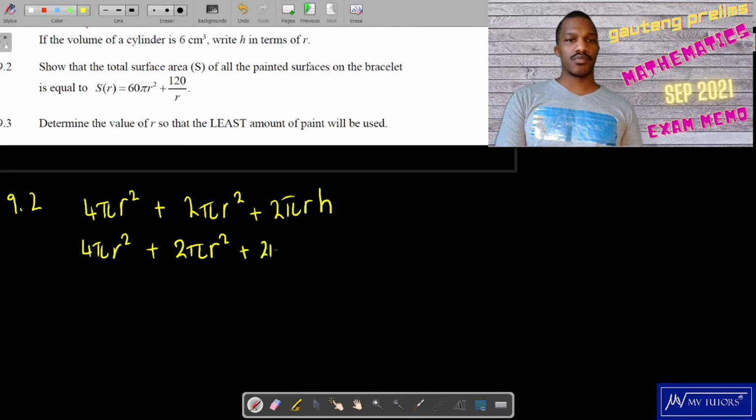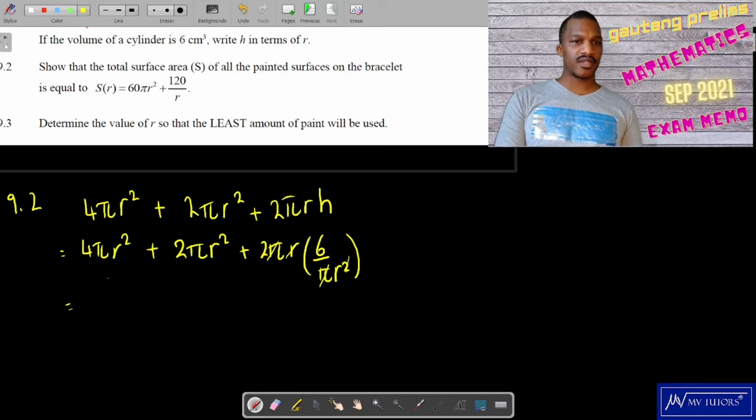So it's 2 pi r, and then h is 6 divided by pi r squared. Okay, then that allows me to cancel: that pi will cancel that pi, and that r will cancel one of the two, so I'll be left with 1.